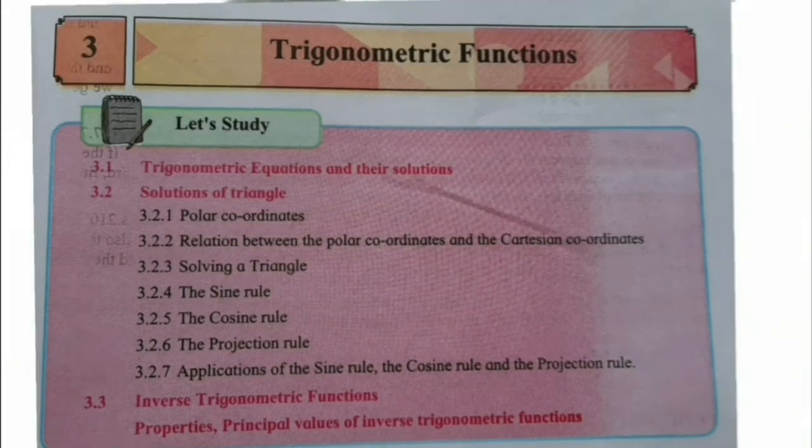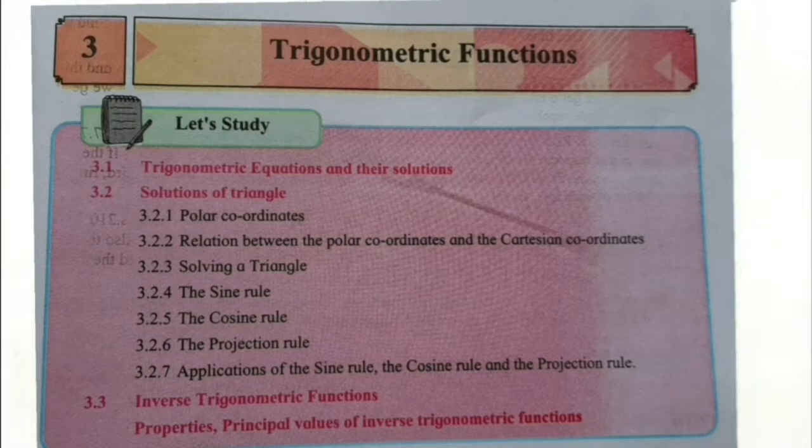After that, solving triangles. We know that any triangle has 3 sides and 3 angles. So depending on these 6 elements, we have certain standard relations: sine rule, cosine rule and projection rule. We will see all these rules and all these points in detail.